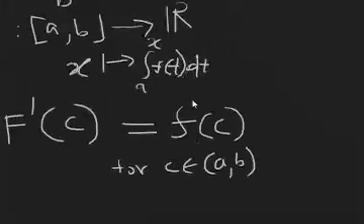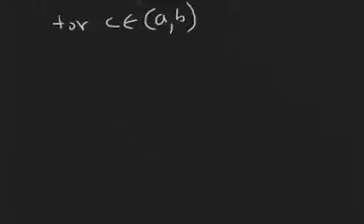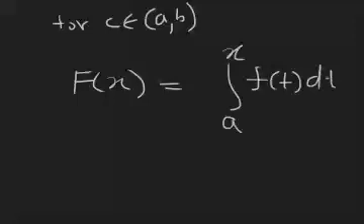So capital F of x is this, from a to x, where a is an element in between the a, b interval, of f of t dt, t is a dummy variable, right?